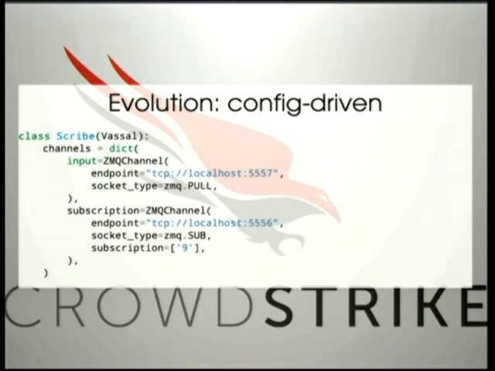The Vassal is a top-level generic class that has some basic utilities for setting up database connections, anything that we need to use on every aspect of our systems. And then there is a ZMQ channel NamedTuple where you can say the endpoint you want to connect to, what type of socket it is, all that configuration. So it's done at the top of the class.